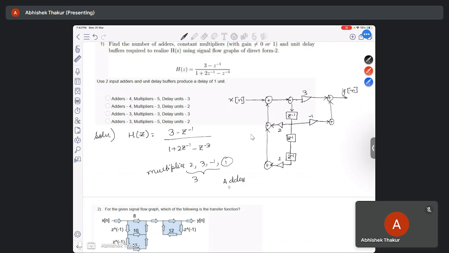Adders are, so see, this is not required, there we can directly send. So now we will make a little correction. Again, here this is not required because this is redundant.